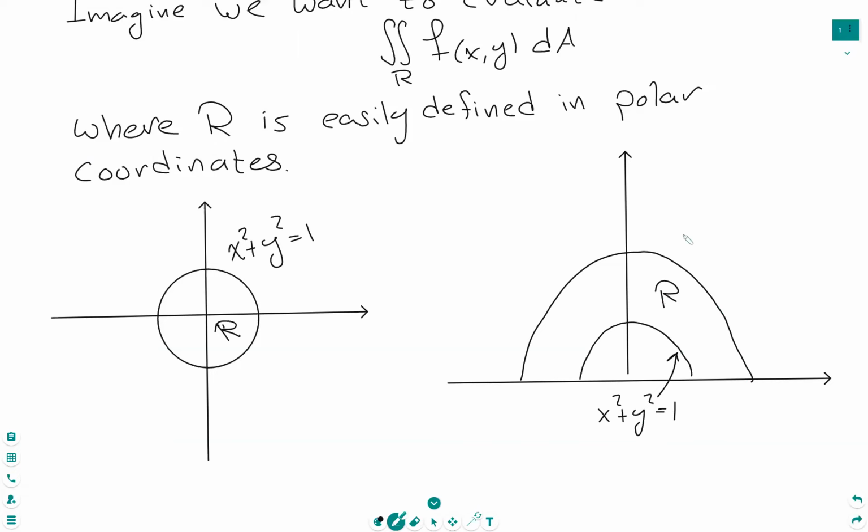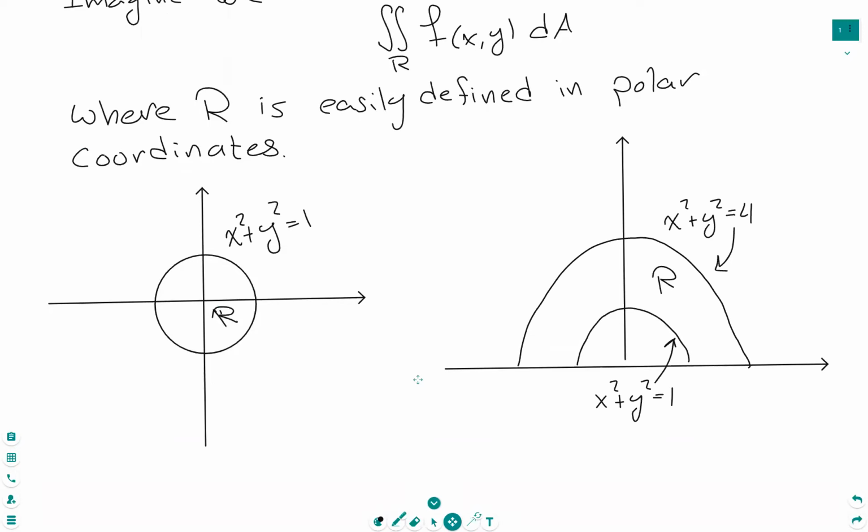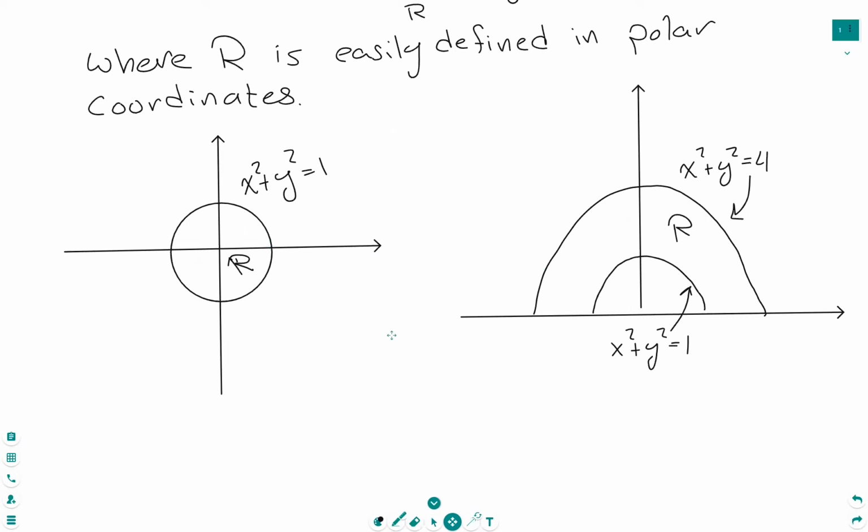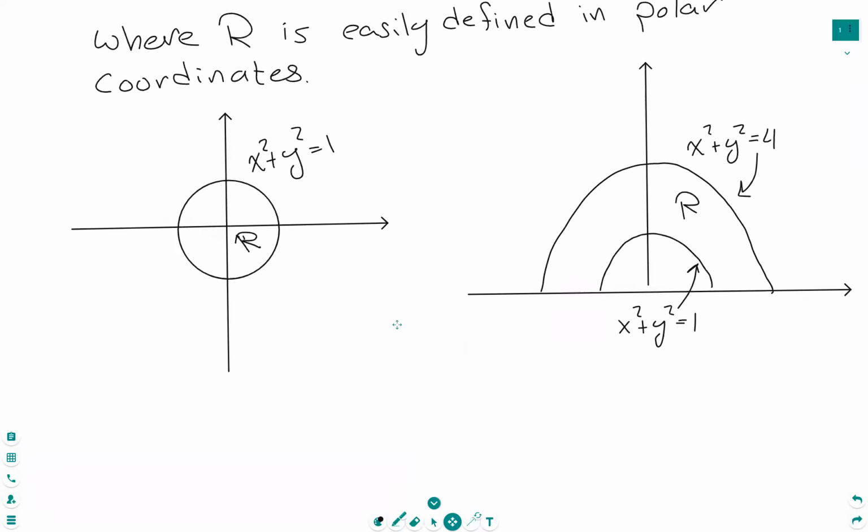But we have on the outside maybe x squared plus y squared is equal to 4. Right? And it's cut off exactly on the x-axis. So these are pretty easily described by polar coordinates, but they're pretty bad in Cartesian. So if we wanted to use x and y, we would have to put a lot of work in. But in polar coordinates, these are relatively easy.